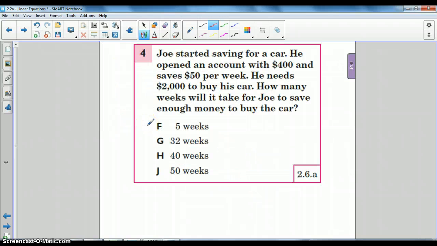Joe started saving for a car. He opened a savings account with $400 and saves $50 per week. He needs $2,000 to buy this car. How many weeks will it take Joe to save enough money for the car? So he needs $2,000. He opened it with 400, and then he's saving per week.